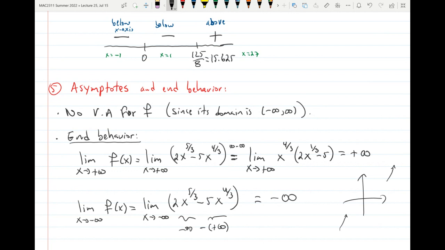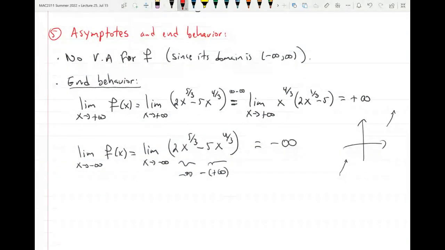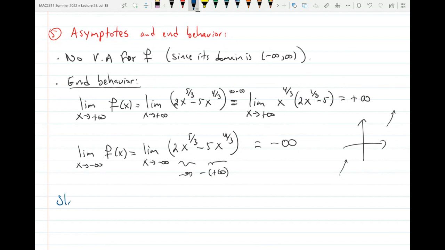Later when I tell you about slant asymptotes, you will see, but this function doesn't have a slant asymptote. Just a very quick hint, and then I will expand on this later. Because when you get infinity for the end behavior, this means there is no horizontal asymptote.